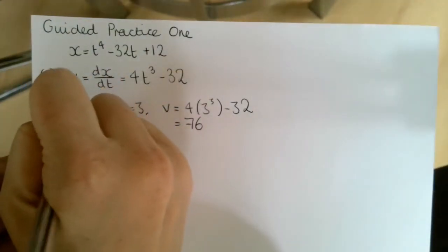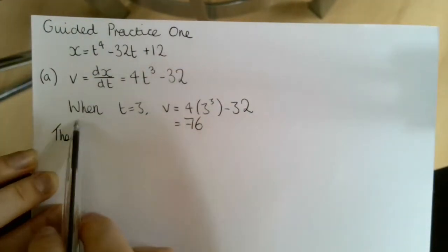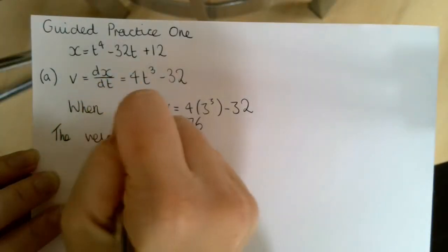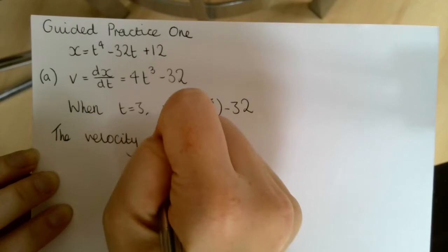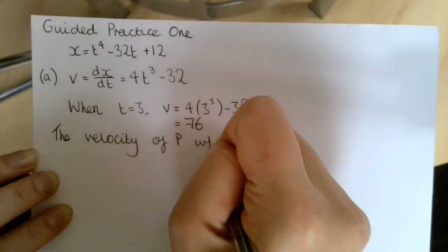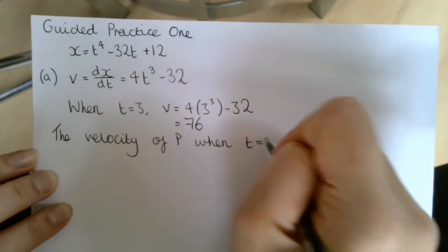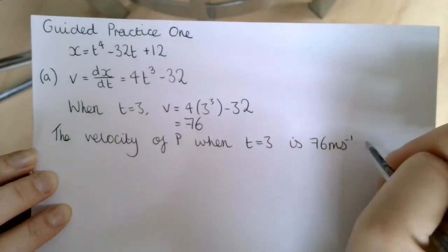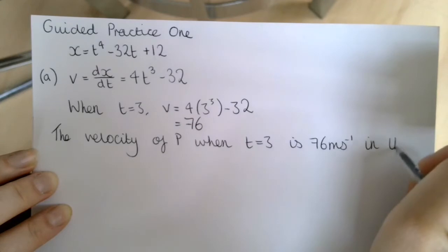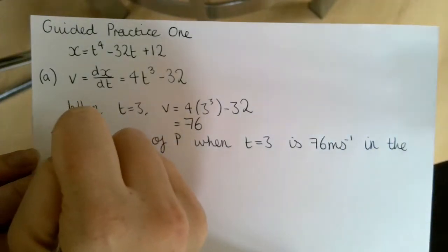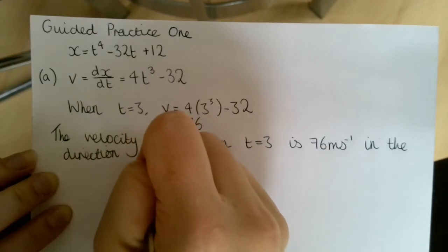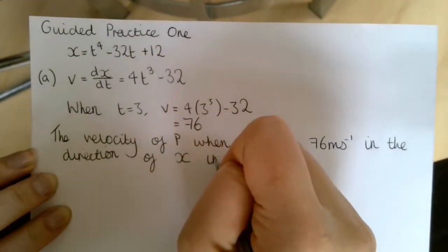So again, writing that statement to put our answer in context, the velocity of P when t equals 3 is 76 meters per second in the direction of x increasing.